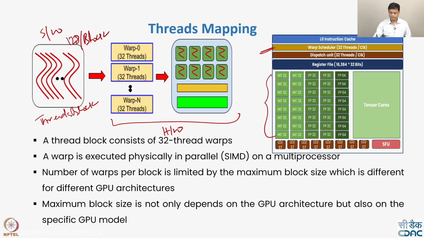When it goes to the warp scheduler, it will divide into 32, 32, 32 and 32 chunks, meaning 4 warps. So basically, a warp is a group of 32 threads. That is the smallest unit which is processed inside the SM.